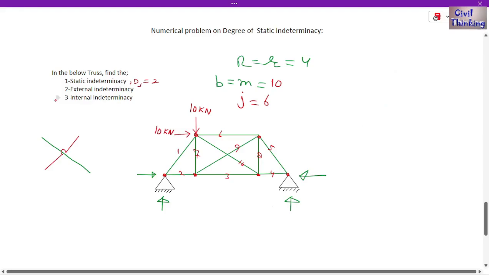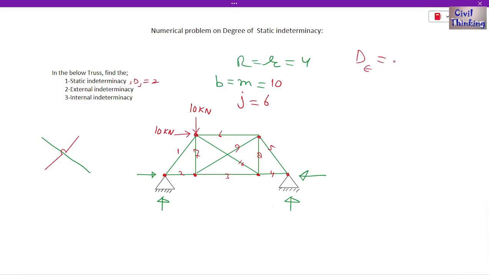Now let us talk about external indeterminacy. d external is r minus 3, right? Total number of unknown external supports minus 3. Now the external reactions are 4. It is 4 minus 3 is 1. So we get de equal to 1.